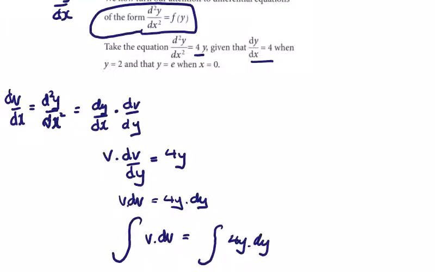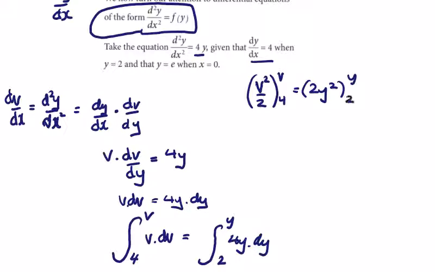Let's put our values on. We're told that dy/dx, v, is 4 when y is equal to 2. So we integrate v, we're going to get v squared over 2 between v and 4, equal to integrating 4y, we're going to get 4y squared over 2, which is 2y squared, between y and 2.